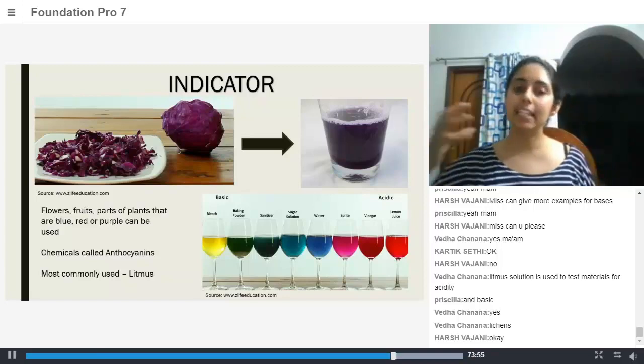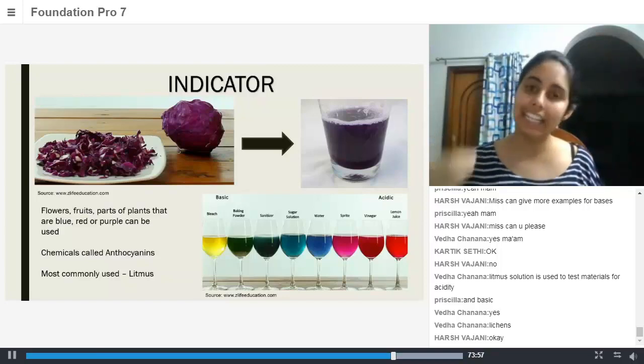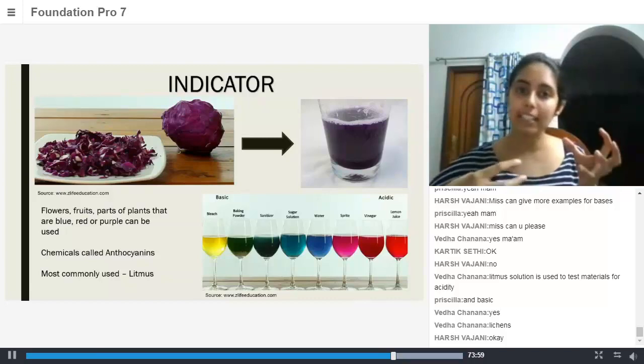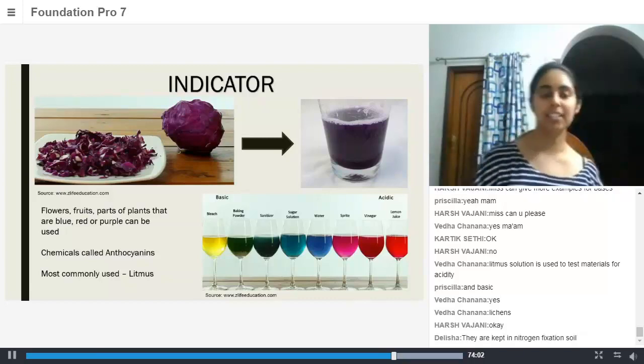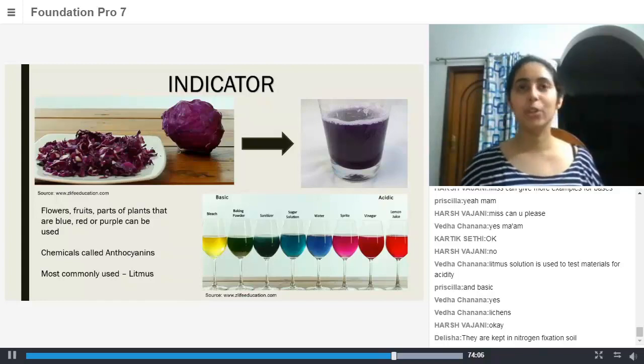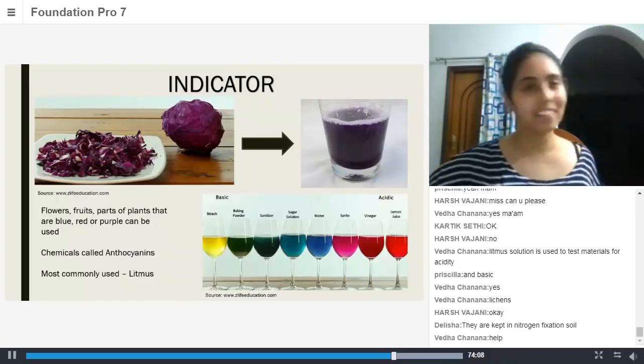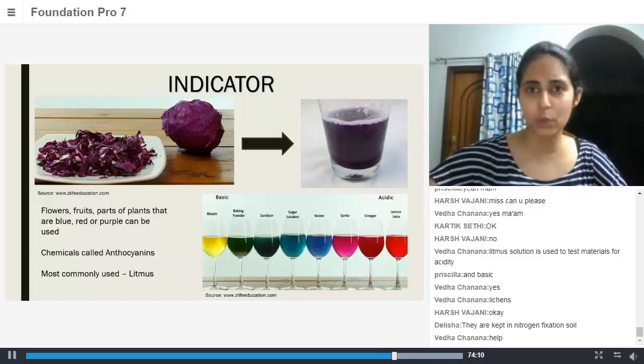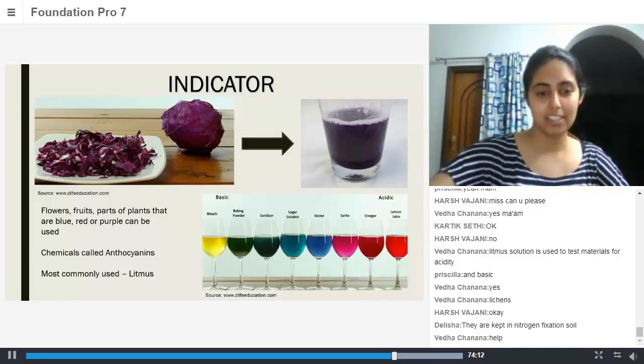So, the indicator that comes from the plant. Where do we get lichen? Good question. I actually don't know where we get lichen, but I can search. I think that is a type of fungus.